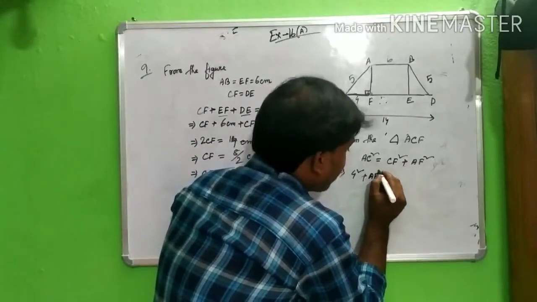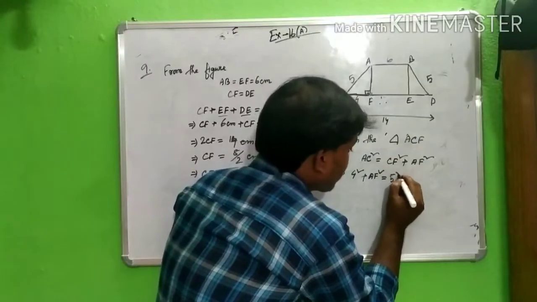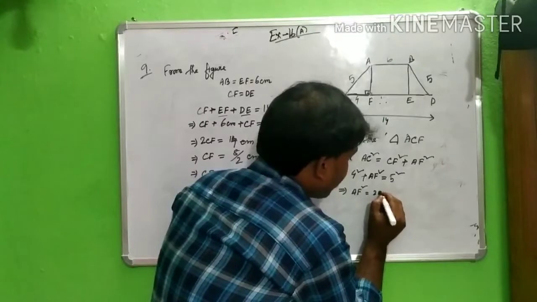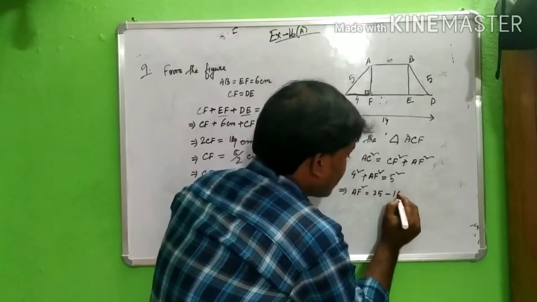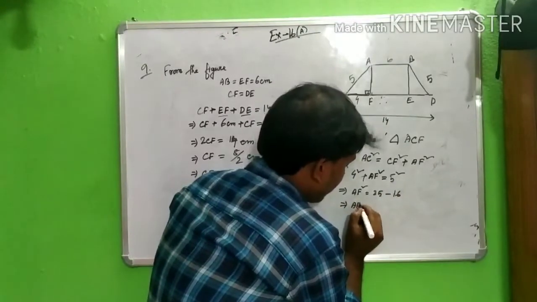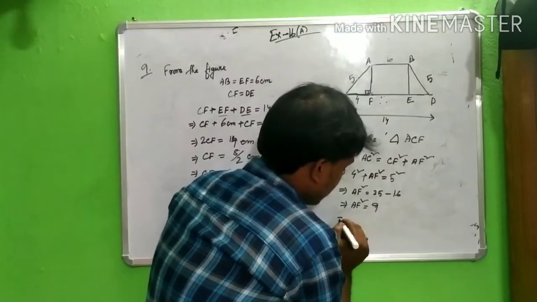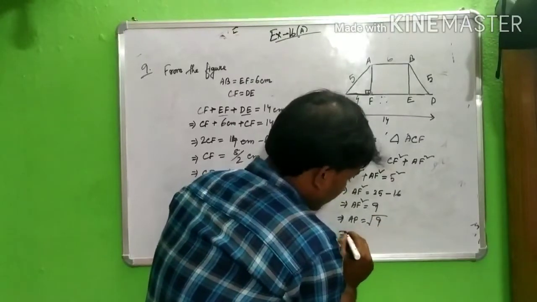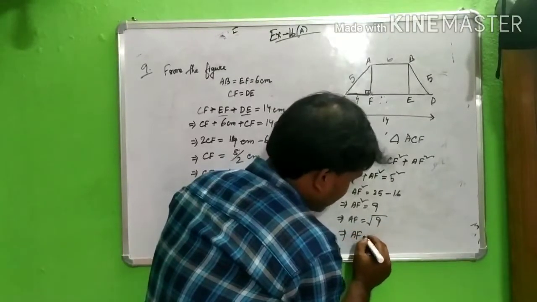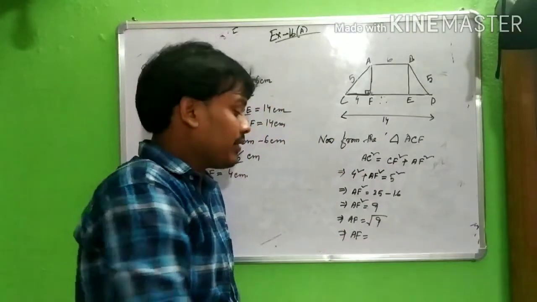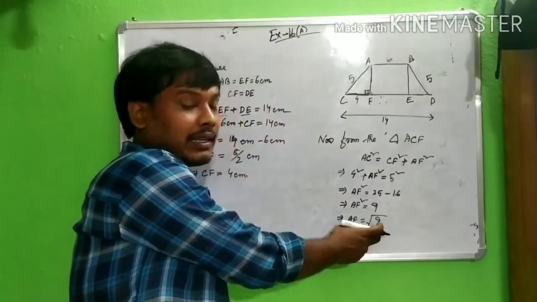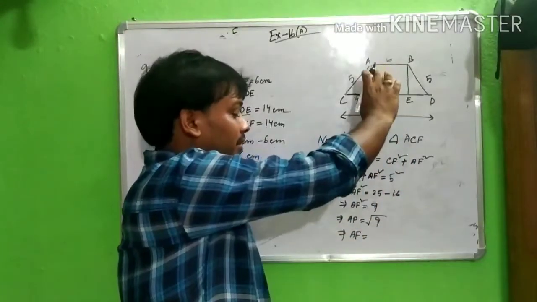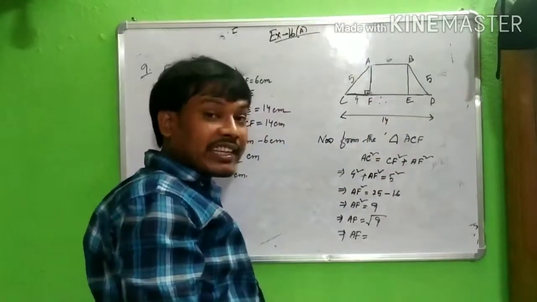AF square equals AC, that means 5 square. That means AF square equals 25 minus 16. AF square equals 9. That means AF equals root over 9, which is plus minus 3. And AF is the height of the trapezium, so length cannot be negative.